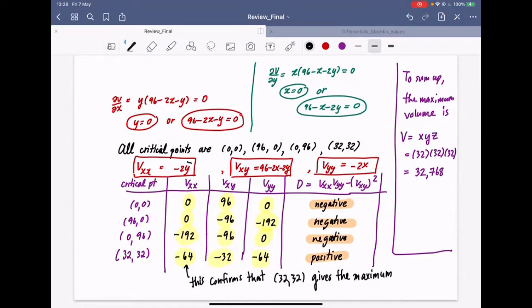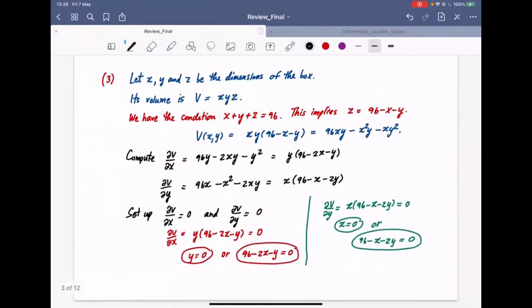I have a question in the chat from a student: isn't it a rectangular box? When you have x, y, and z equal to each other, that means the box is just a perfect cube, because we have 32, 32, 32 here. It's still a box.